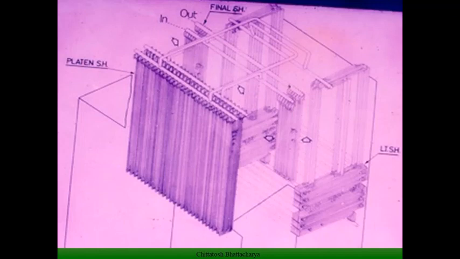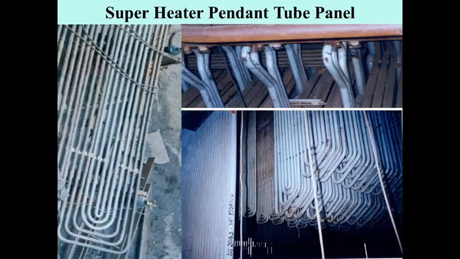So we have total control over the heat absorption rate by flue gas flow, and the superheater's heat absorption is basically reflected by the flue gas flow pattern, which is maintained by furnace draft.